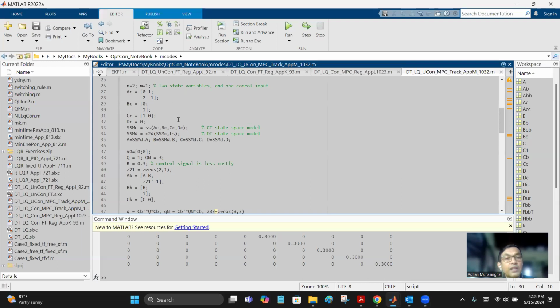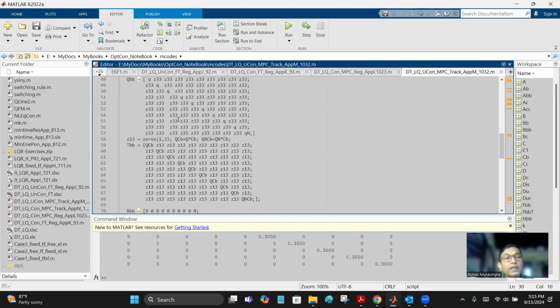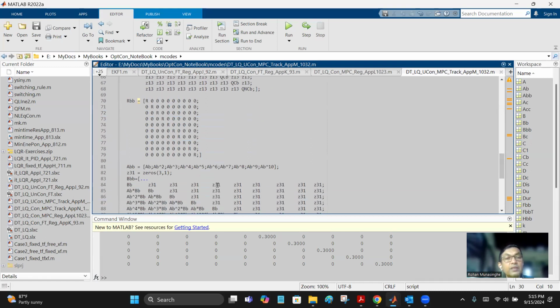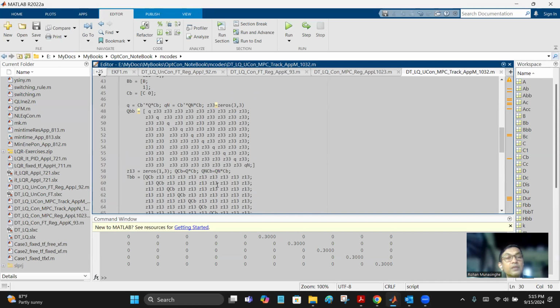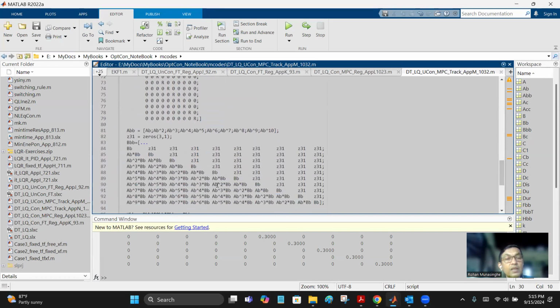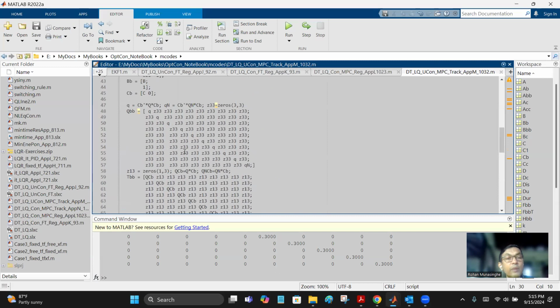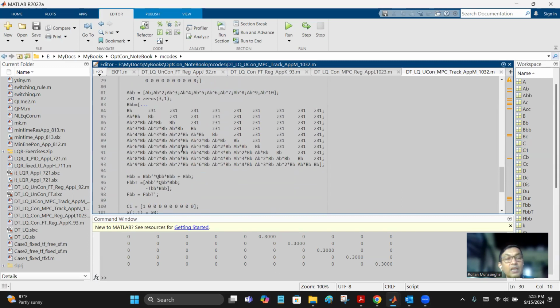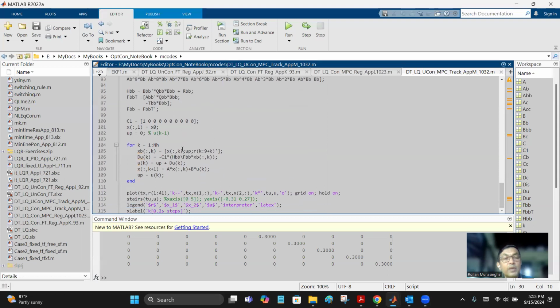They are there. And then these are the other matrices, big ones. This is the R matrix, right? This is the Q matrix. This QBB means Q double bar, and this A double bar, like that. So study a little bit, and then you enter the control sequence.